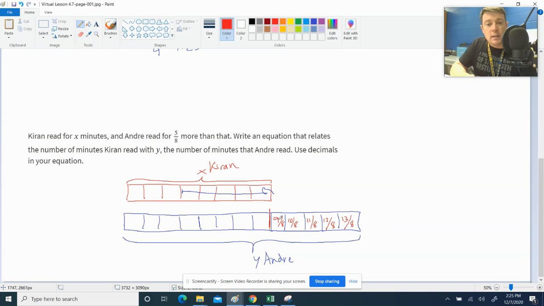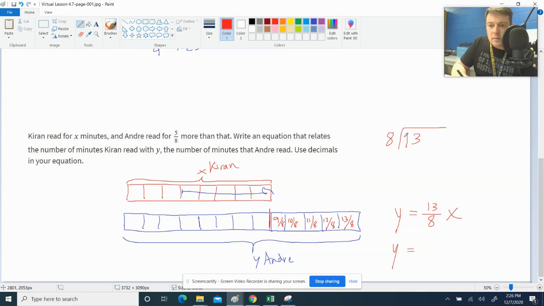He had 13 of those eighths in his distance because he had 5/8 more than the 8/8 that Kieran had. So Andre, y, is equal to 13/8 of what Kieran read. Y equals 13/8 x.